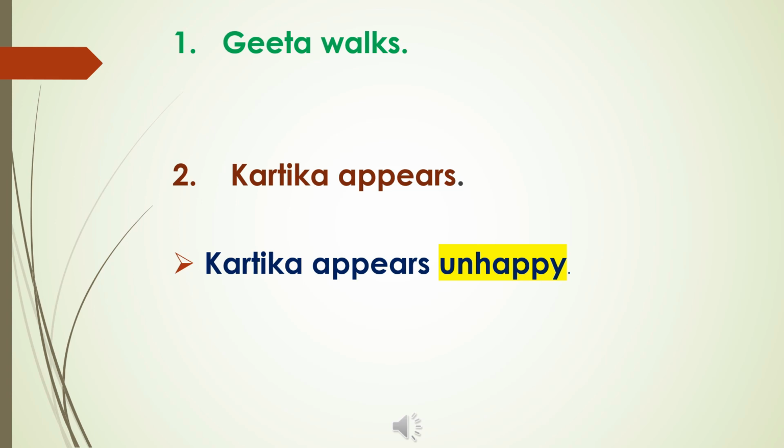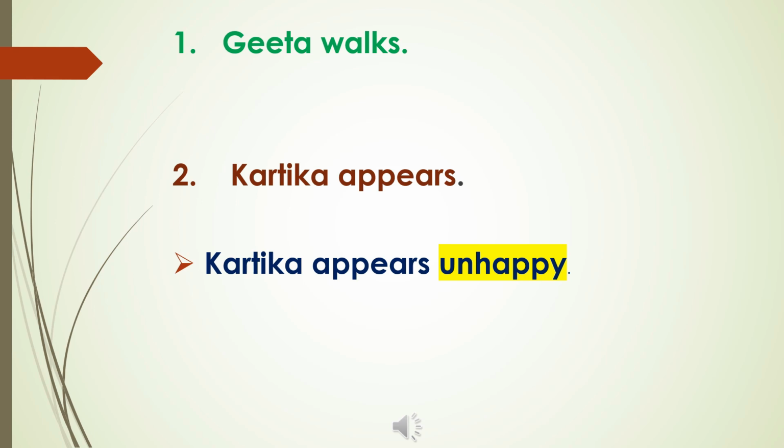Second sentence, Kartika appears. If we just say Kartika appears, it will not be correct. The intransitive verb appears requires a word or a group of words to complete its meaning.